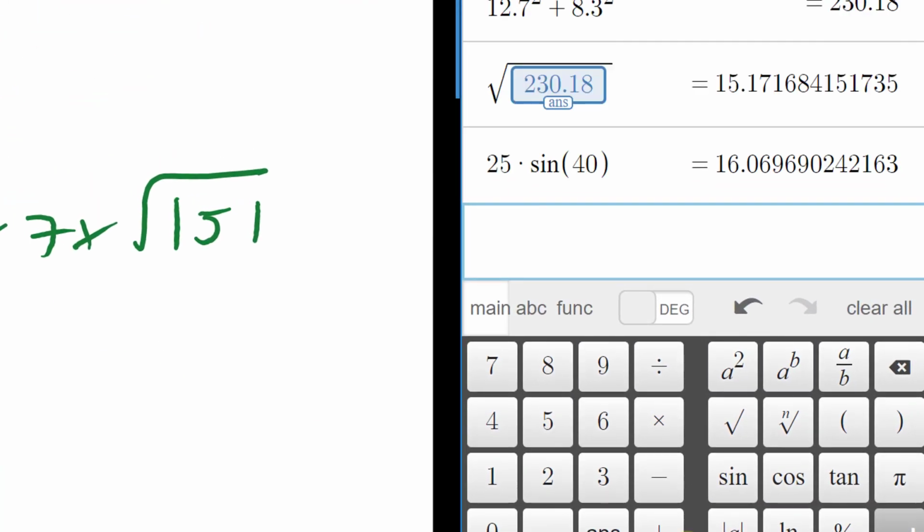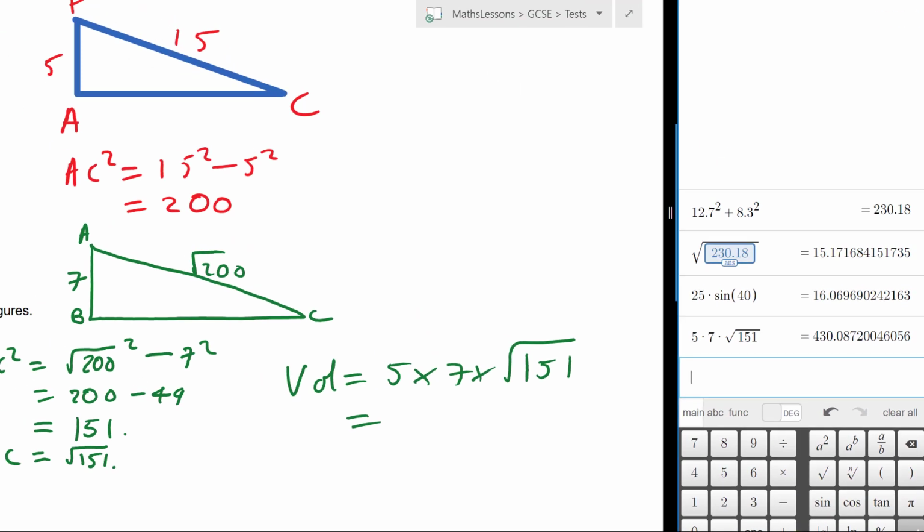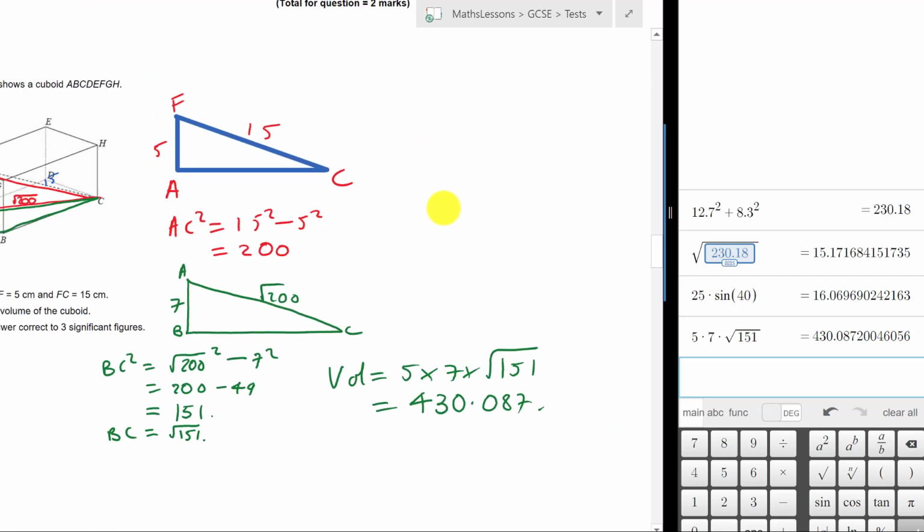So we do 5 times 7 times square root of 151, and that equals 430.087, and so on. And we are asked to give that to 3 significant figures, so that is just 430 centimetres cubed.